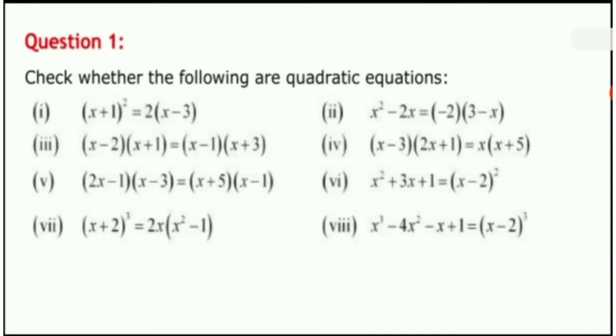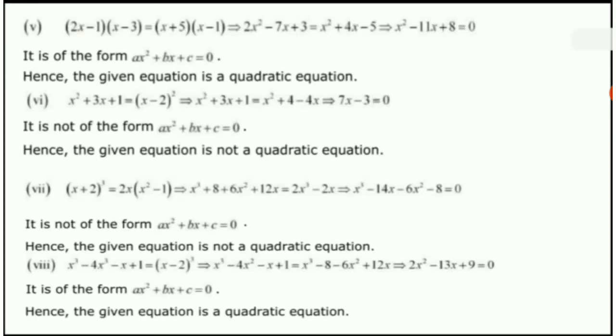Roman number 7, (x + 2)³ = 2x(x² − 1). So in left hand side, a plus b whole cube form, that's x³ + 8 + 6x² + 12x, and in right hand side 2x into x², that's 2x³, and minus 1 into 2x, that's minus 2x.